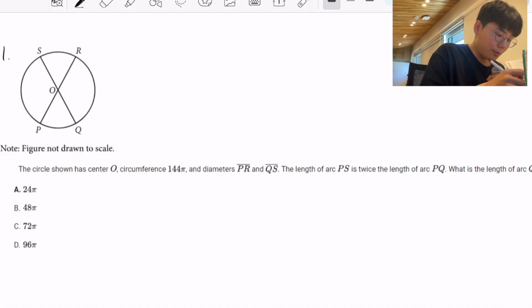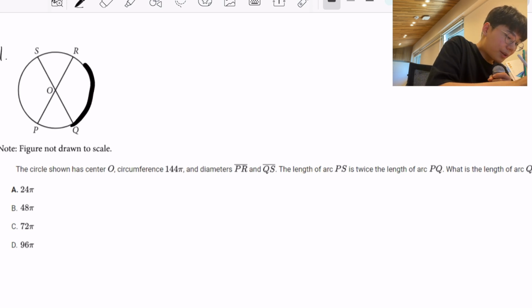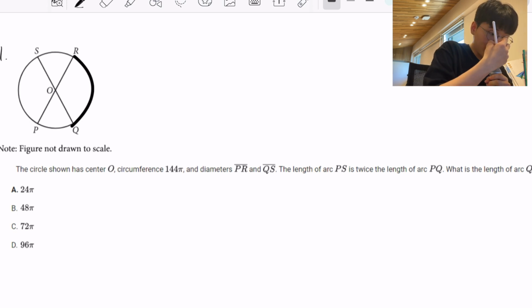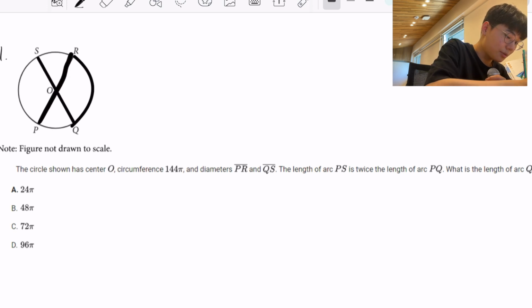It has center O, circumference, and diameters that and that. The length of PS is twice the length of arc PQ. So we have to know QR here, right? What is QR? Well, we have to find that out. But what we can use here is that PR and QS are the diameters, and they pass through the origin, the center.